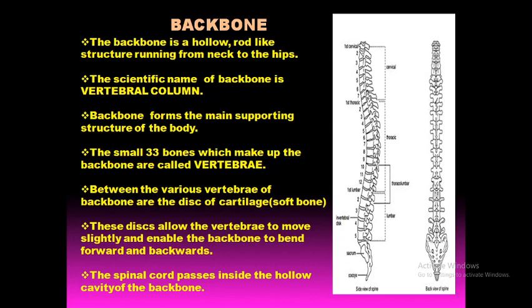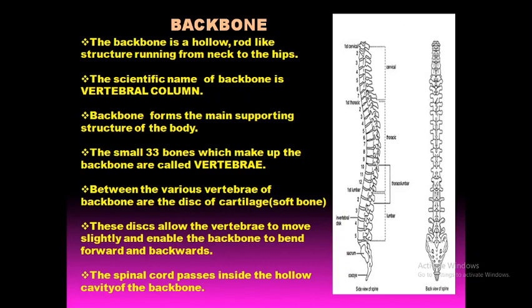Between the various vertebrae of the backbone are present discs of cartilage, which is the soft bone. These discs allow the vertebrae to move slightly and enable the backbone to bend forward and backward. This is the reason why we can move forward and backward.